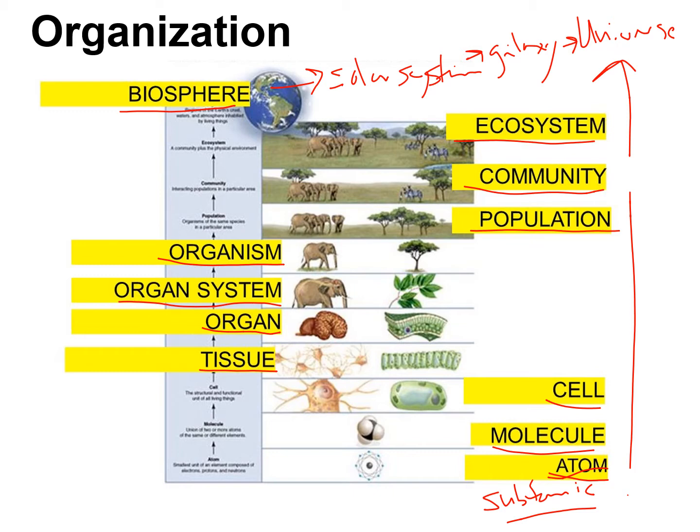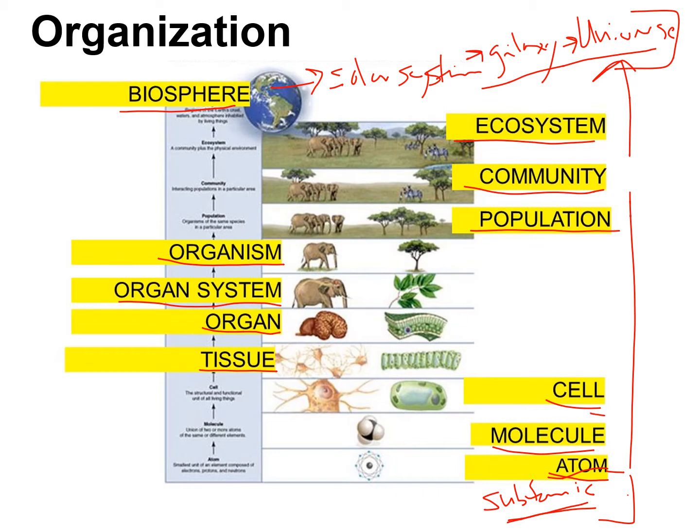Now, the different areas of science cover different parts of this organization. For instance, the very small and the very large are covered by physics. So if you are interested in subatomic particles and understanding how they function, or the very large, the solar system, galaxies, and universe, you would want to study physics.